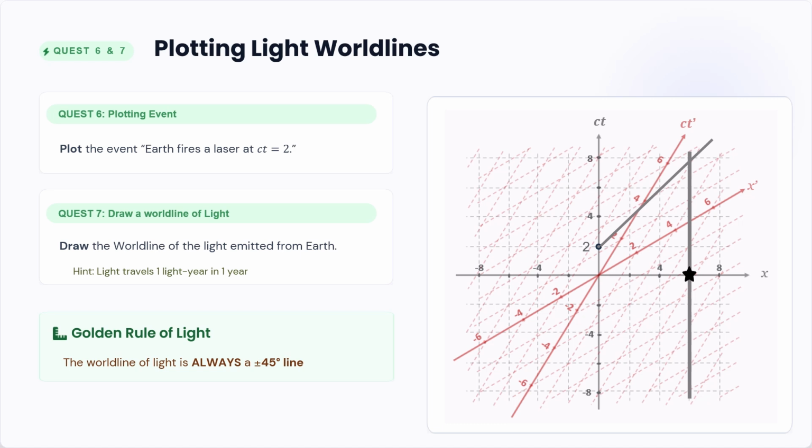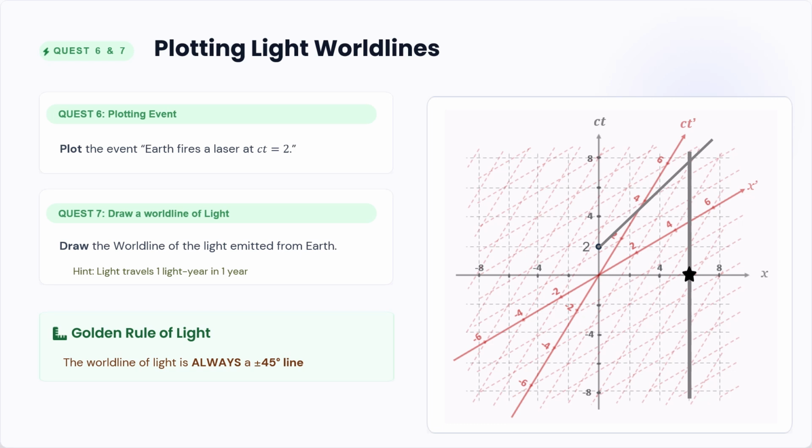The world line of light always forms a plus-minus 45-degree line for any observer. 45 degrees going forward in space, and minus 45 degrees going backward. Super convenient, right? And just like that, you've mastered the basics of the space-time map. Plot the events, connect the dots, draw the world lines, and with that, Treasure 3 is officially yours.